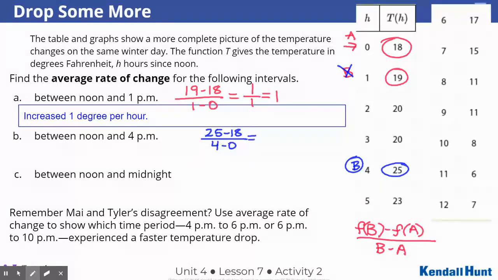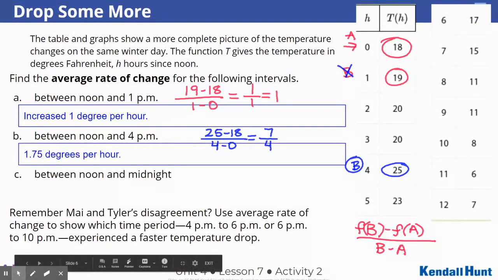And so 25 minus 18 is 7, and 4 minus 0 is 4. So we would simplify that. We would say that the temperature changed 7 degrees in 4 hours, or 1.75 degrees per hour.